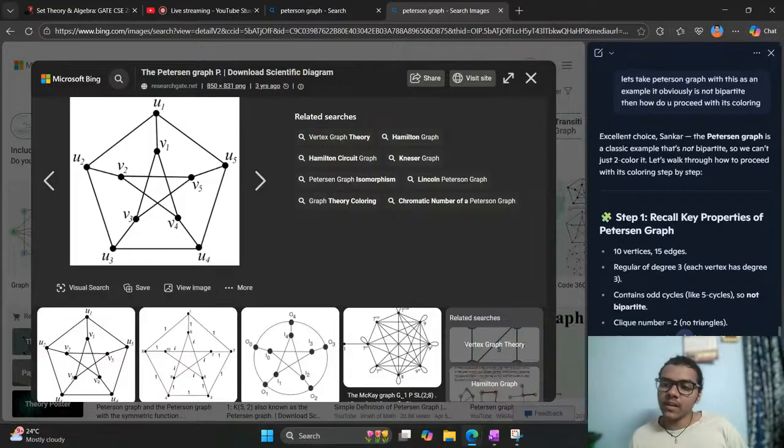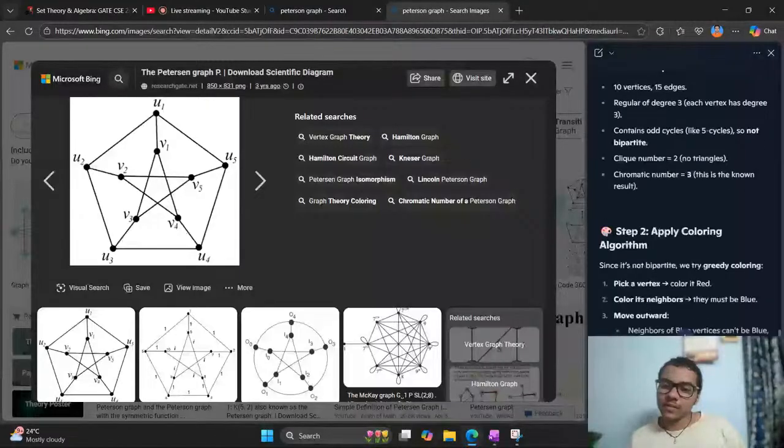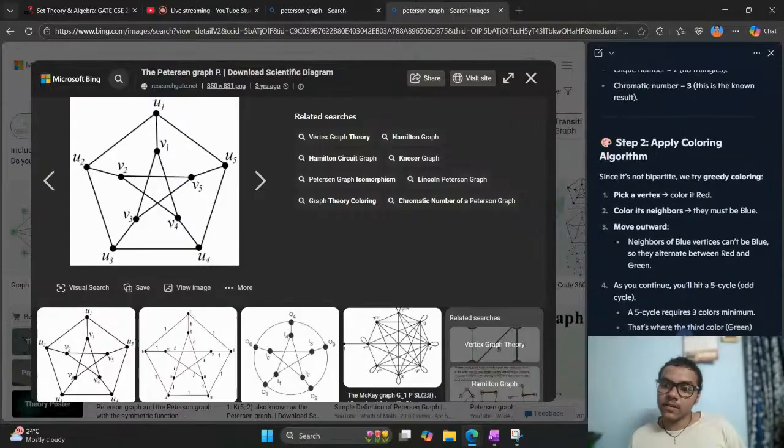It is regular of degree 3, each vertex has degree 3, and it contains odd cycles. Clique number is equal to 2. What is clique number? This is a known result. Pick a vertex, color it red, color its neighbors, they must be blue. Neighbors, okay.